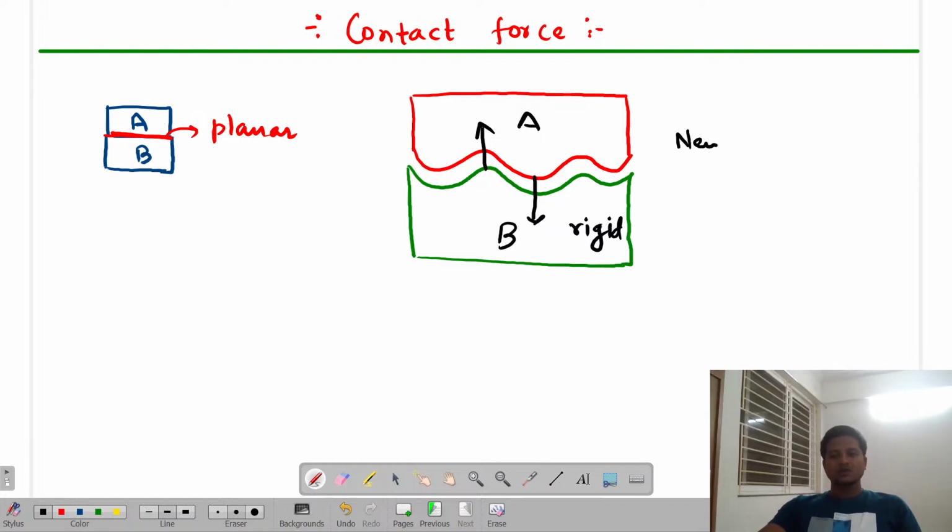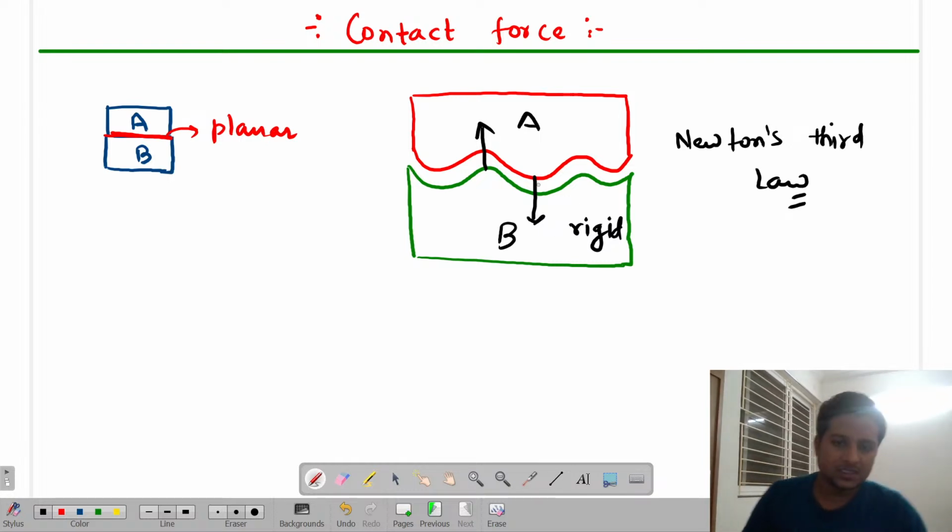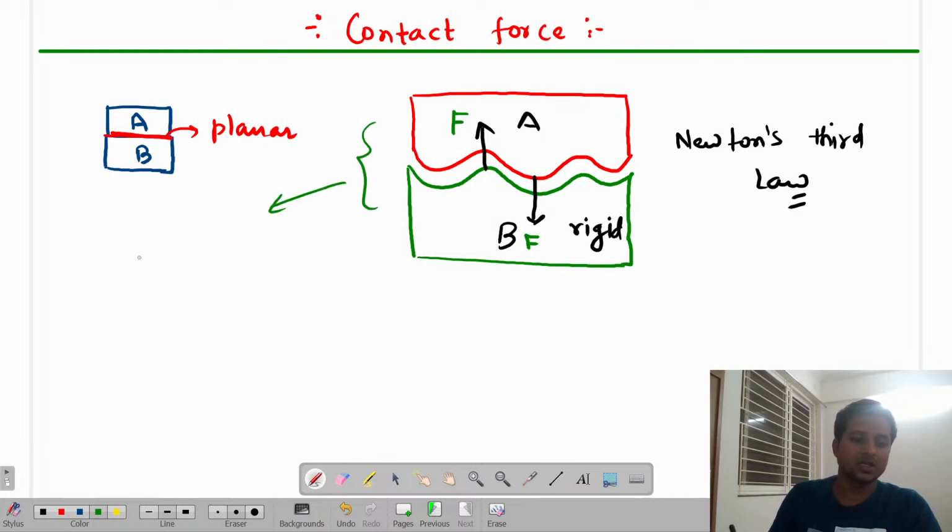So if I apply a force, then for that I will have an equal and opposite reaction. And this is what is happening when block A is trying to press block B. If A applies some force F, block B will also apply the same force such that these two bodies remain in which kind of state? Equilibrium state or rest. Are you able to get me or not?